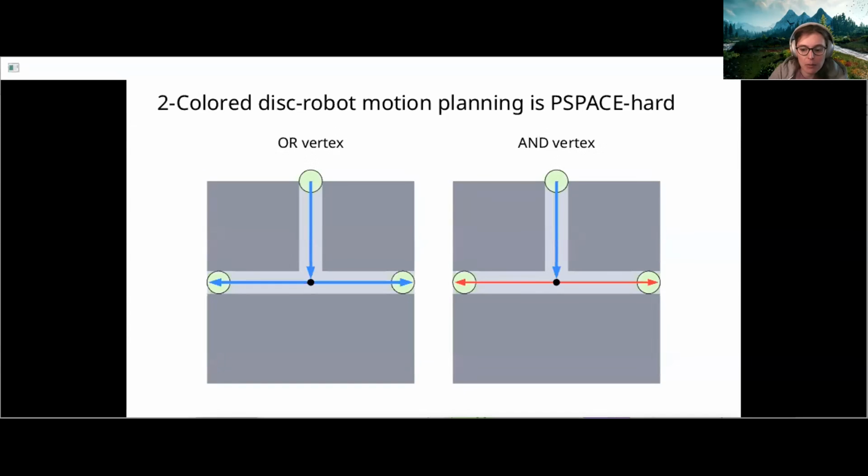So it's the same for OR and AND vertex. So what happens if we try to reverse the out edge? So let's say we want to reverse the out edge of the OR vertex. We're gonna slide one of the disks out, so one of the disks on the horizontal line out.